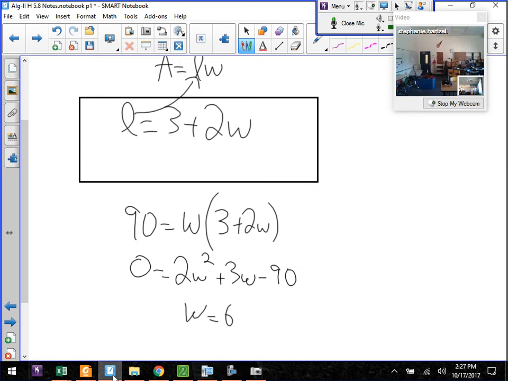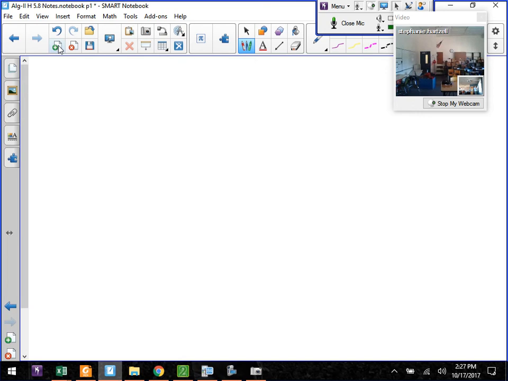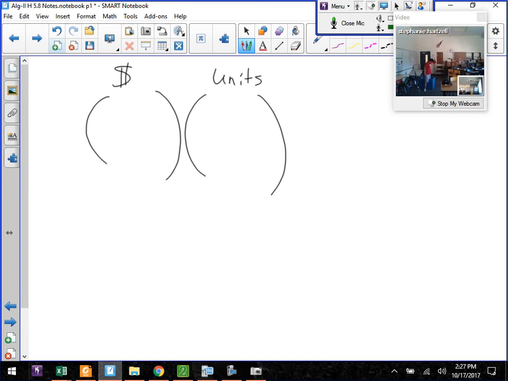Also, remember when we did the cost ones, you had price and units. Remember how price and units together gives you total revenue? When you see stuff like that, you have to read it cautiously, depending on the style of problem.